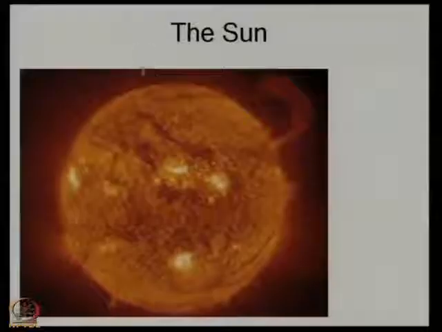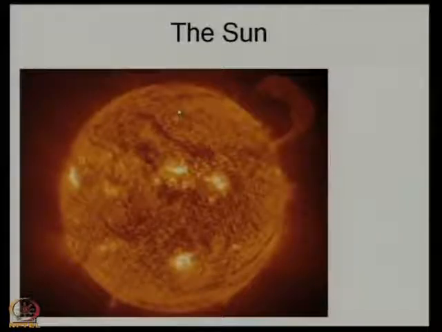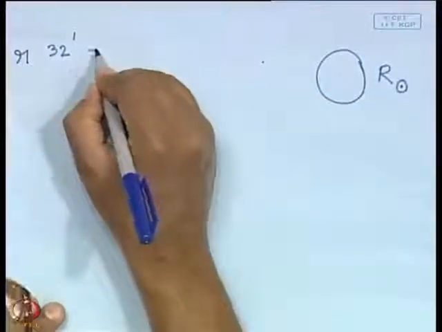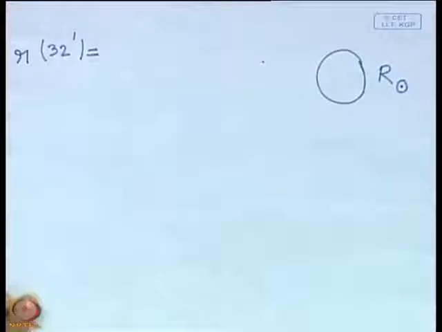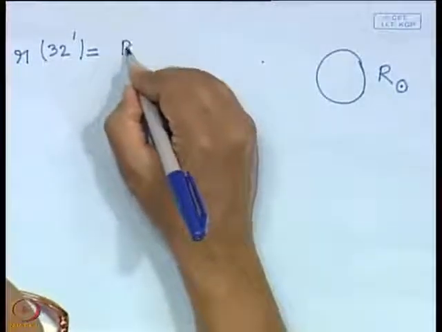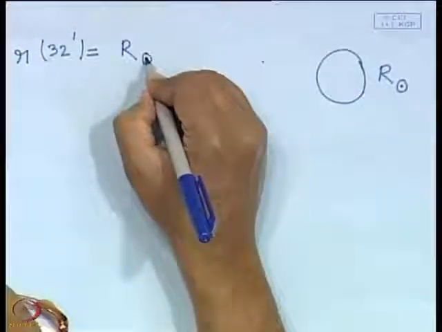Okay, and so if you take an image of the sun, the angle that it subtends on the sky is around 32 arc minutes. So if you know the distance to the sun, which we already have discussed, the product of these two, if you convert this to radians, will give you the diameter of the sun.